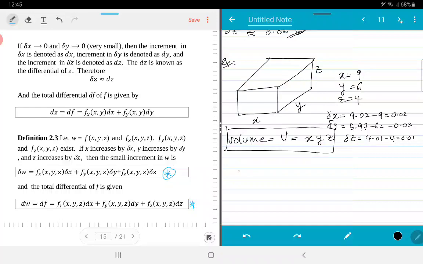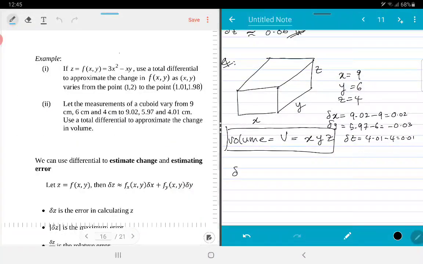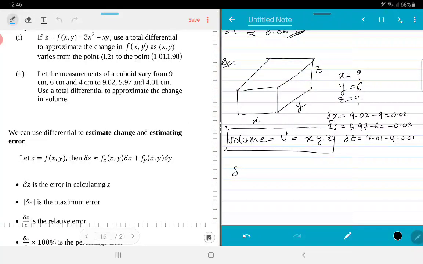The approximate change in the volume is delta v, approximately equal to partial v partial x delta x, plus partial v partial y delta y, plus partial v partial z delta z. Or you can use f if you like.